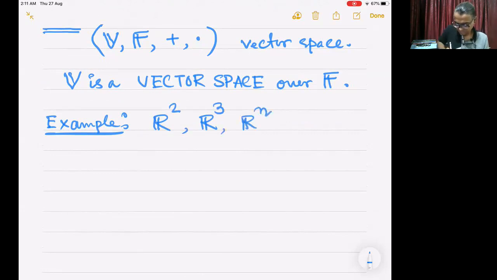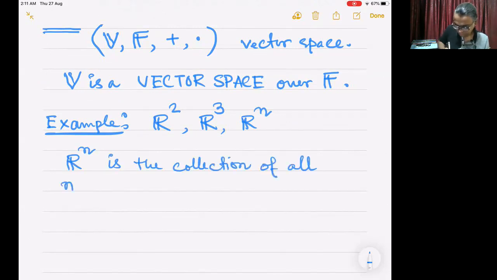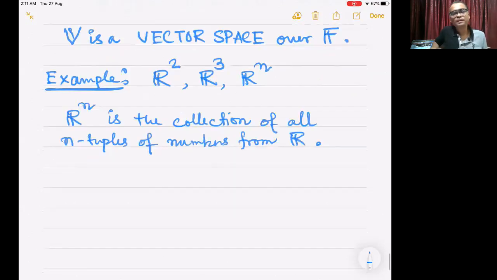What is Rn? In words, Rn is the collection of all n-tuples of numbers from R, so all n-tuples of real numbers.